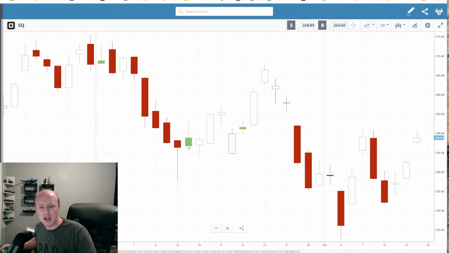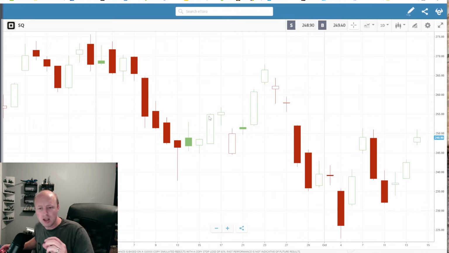Okay, started here and closed at the bottom. However, because of the closing price of this one, because this is higher than this one, this becomes a green candle. If this one had closed just slightly lower down here, this would have been a red candle.